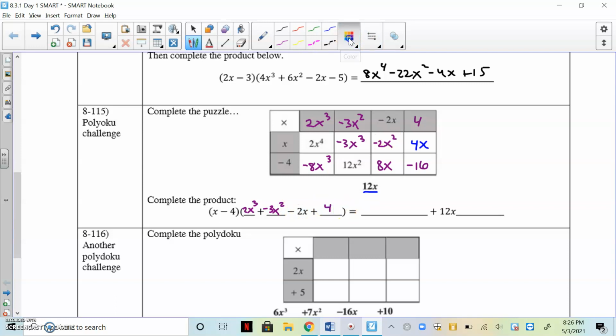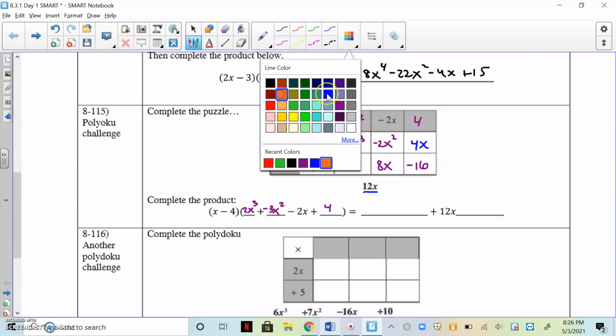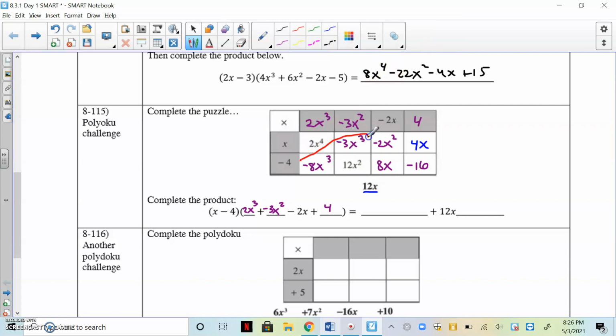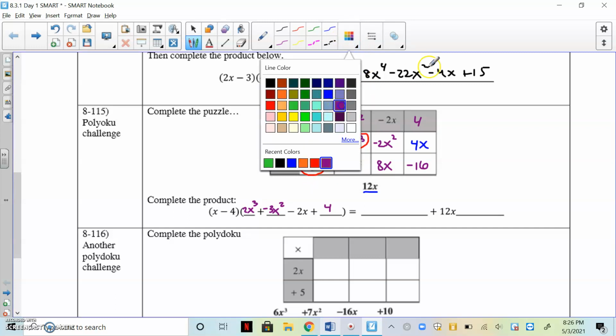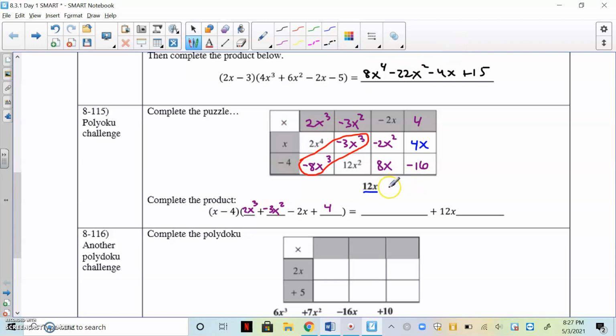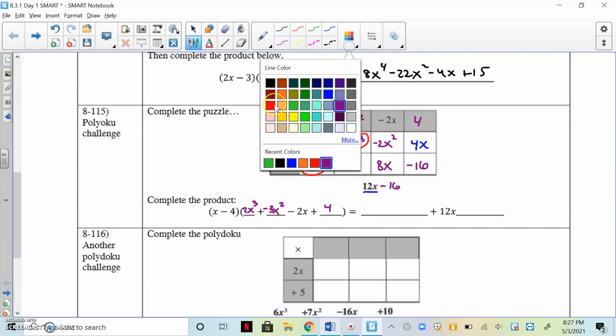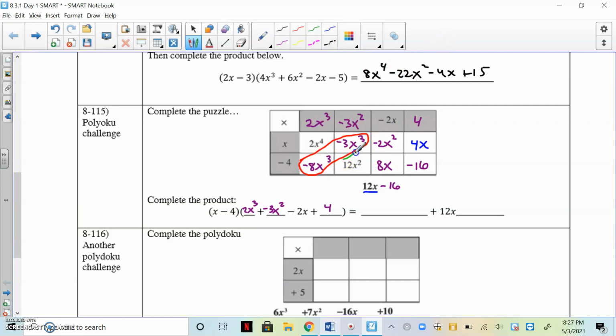And then we can combine some like terms here. So these two come together and make that 12. It's already there for us. This negative 16 is going to be over here. And then we'll move backwards just so we can fit everything nicely.